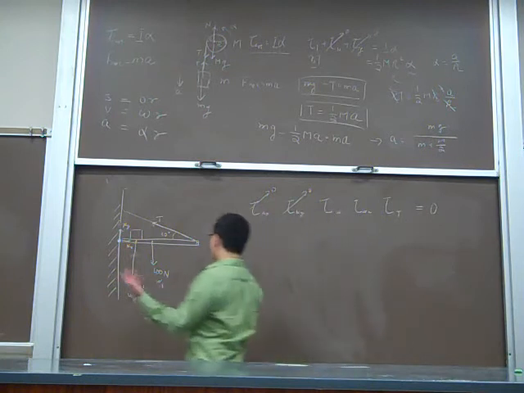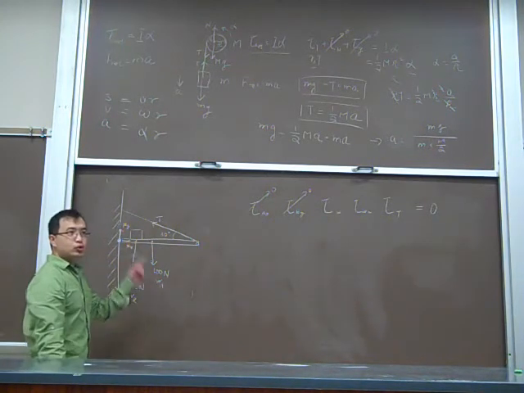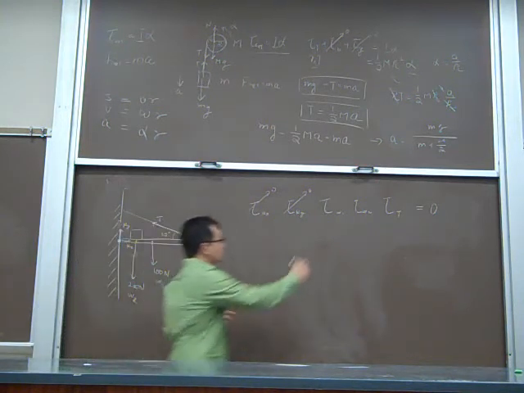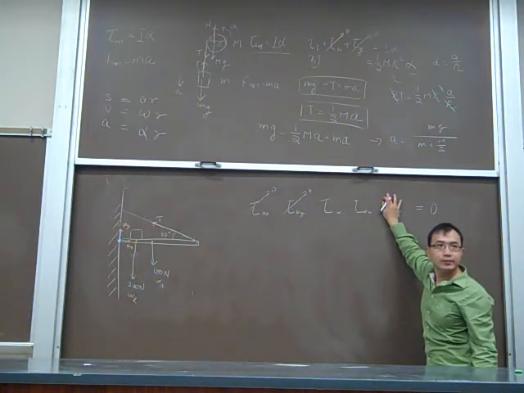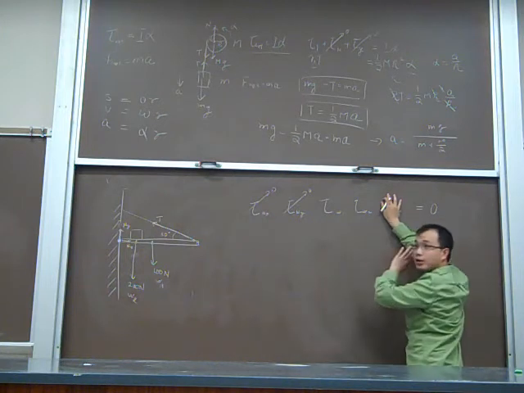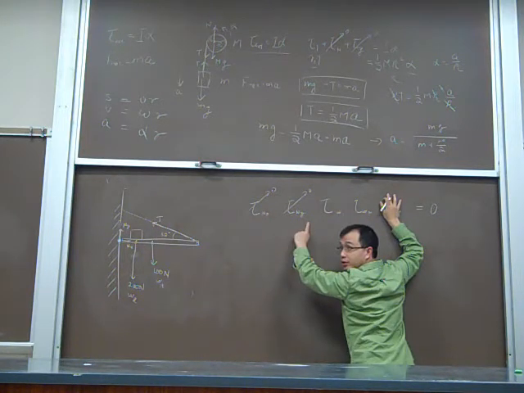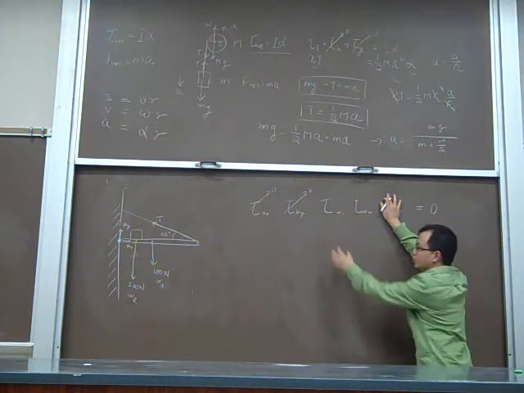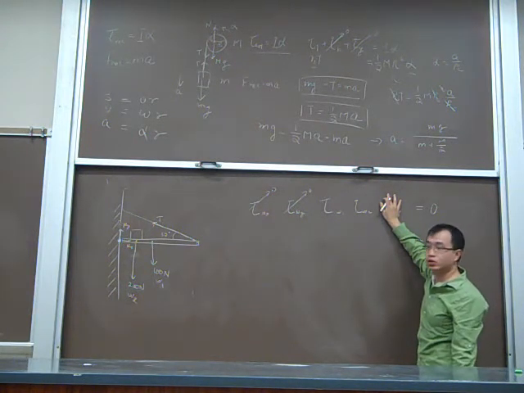You can think about, for example, if you choose this as your rotational center, then this term will go away. You still have 4 terms here, and you have 2 unknown quantities. So by itself you cannot solve for any unknown quantity. You need to combine it with the 4th equation.